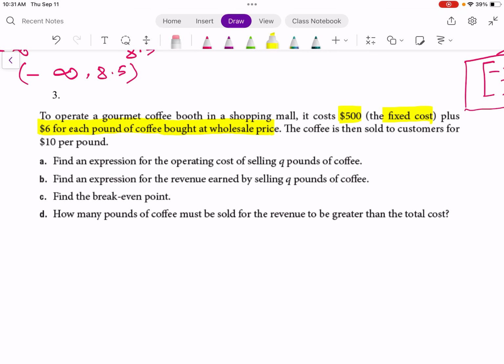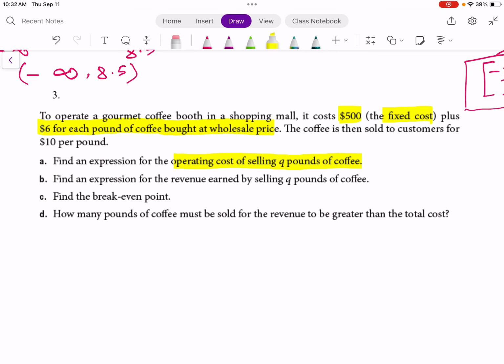Now we need to find an expression for the operating cost of selling Q pounds of coffee. If you want to sell 2 pounds of coffee, how much will it cost you? You need $500, that is a fixed cost, plus $6 for each pound of coffee that you bought.